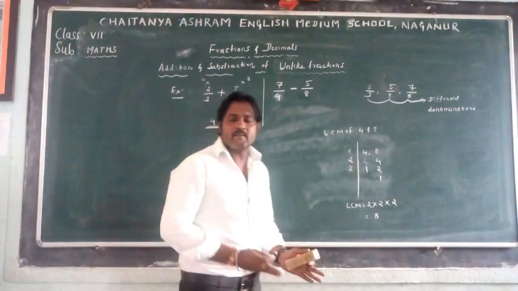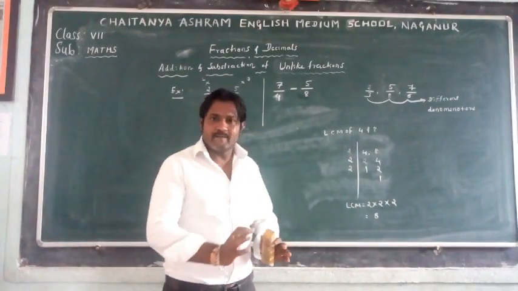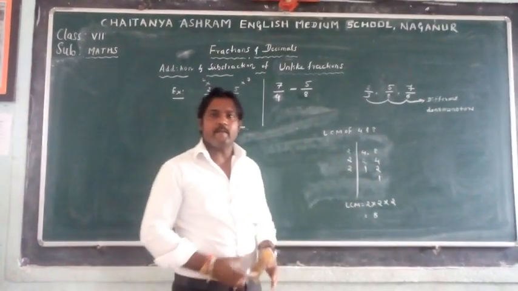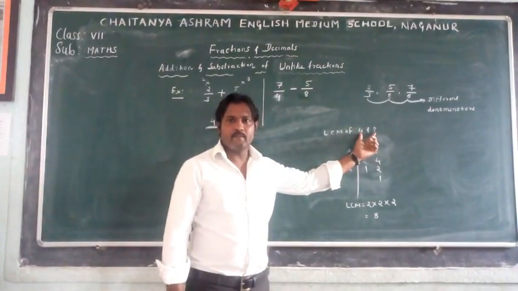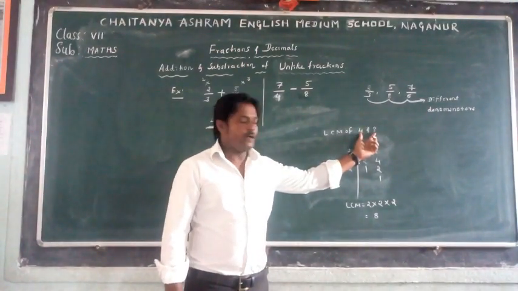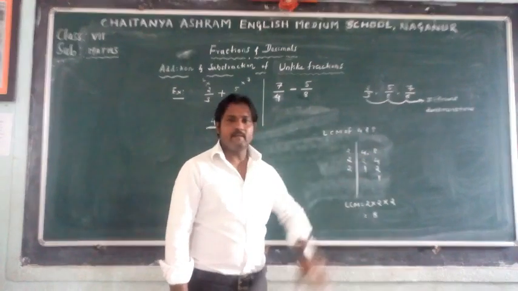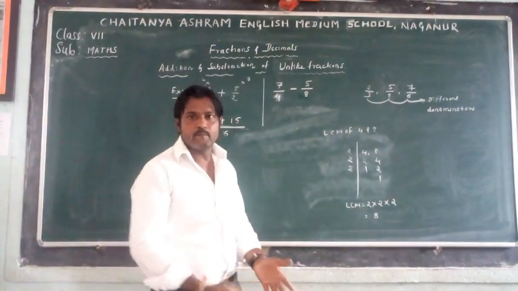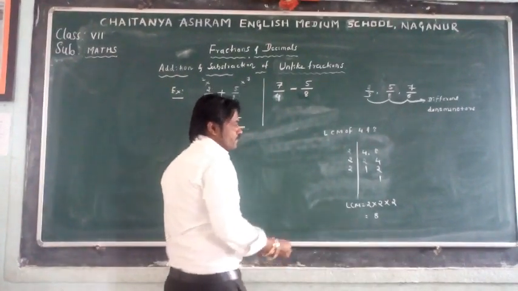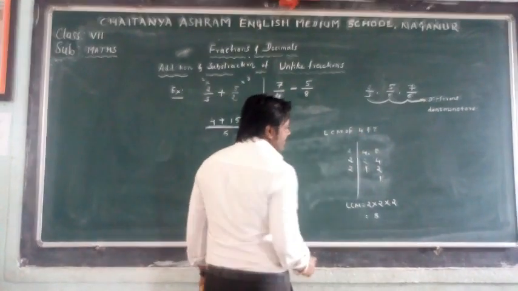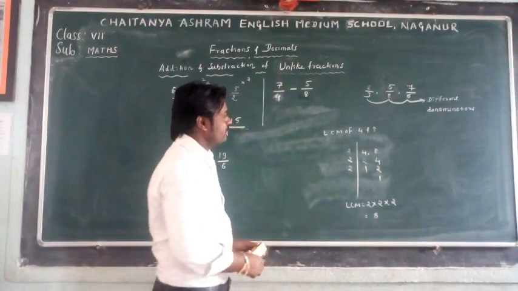There are various methods. If you had coaching classes in 5th standard, you can easily identify the LCM without doing this. Now here clearly 4 and 8 are both divisible by 4. So the LCM of 4 and 8 is 8.